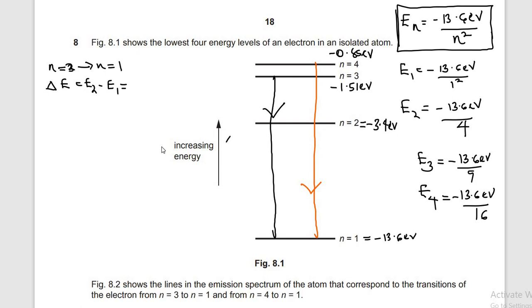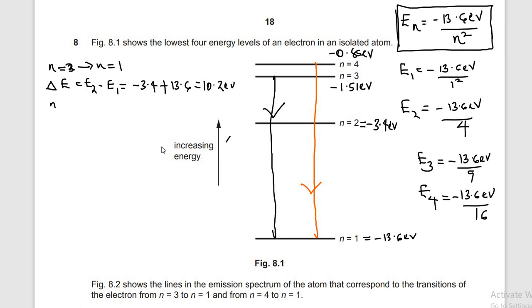E2 is minus 3.4, E1 is minus 13.6 eV. So 13.6 minus 3.4, the change in energy level there is 10.2 eV.